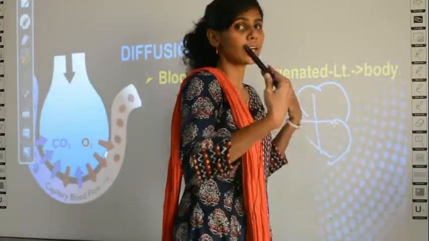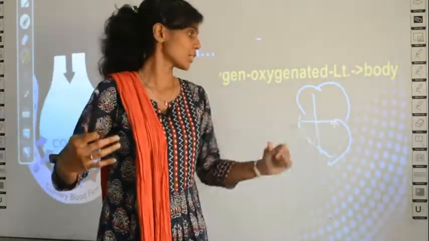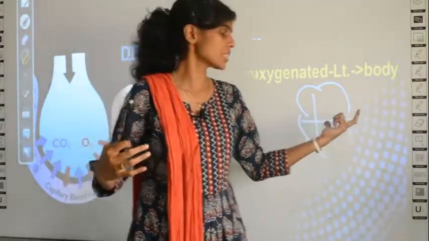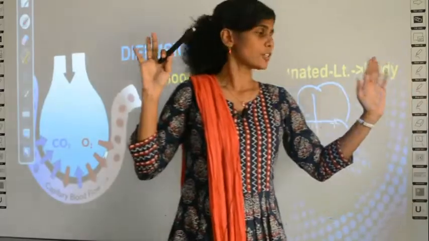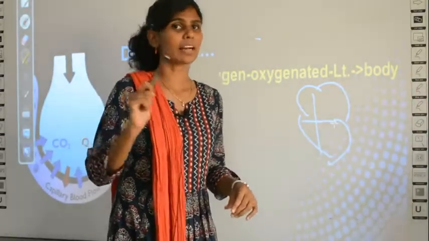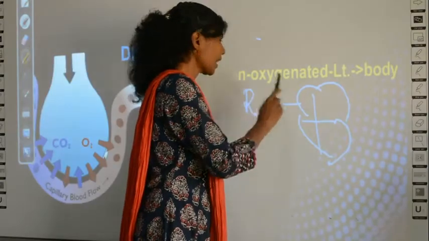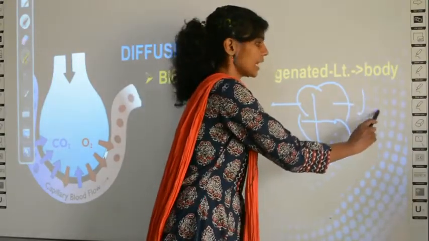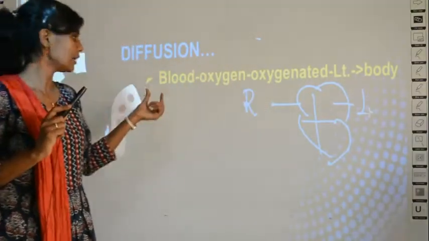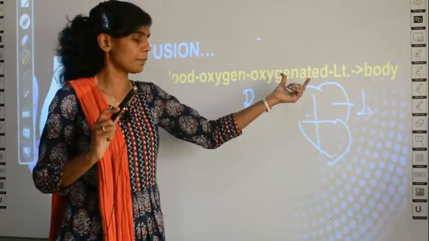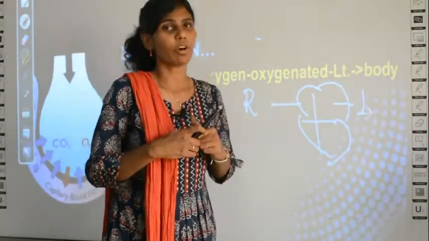We should not consider our own side. For me, this is right and this is left. For this man who has this heart, this side is left and this side is right. So when I want to label the right side, I will label this as right and this as left. Clear? So I told you blood with oxygen is called oxygenated blood. It is always present in the left side of the heart.